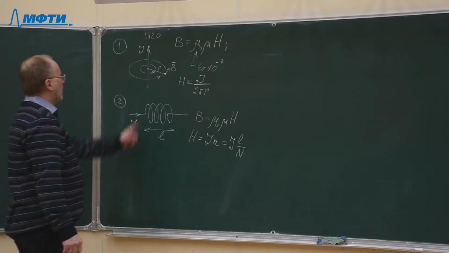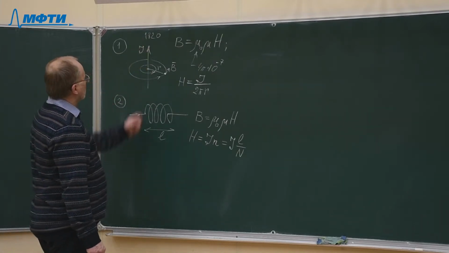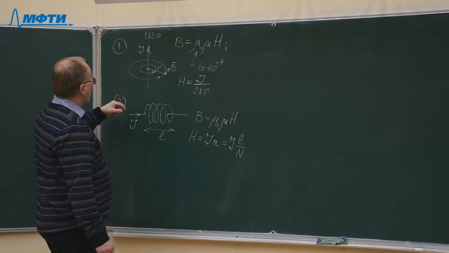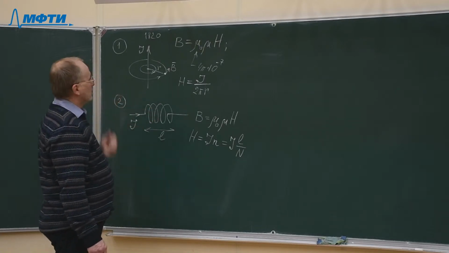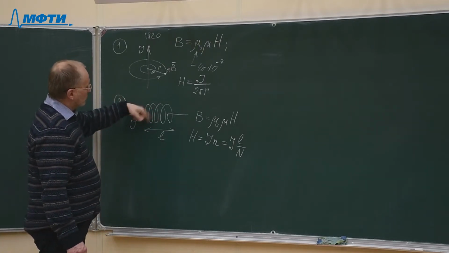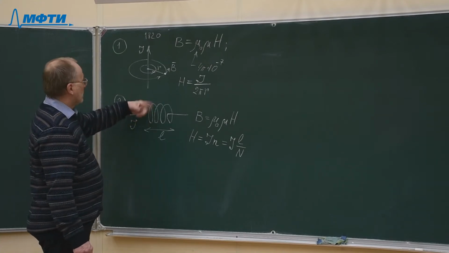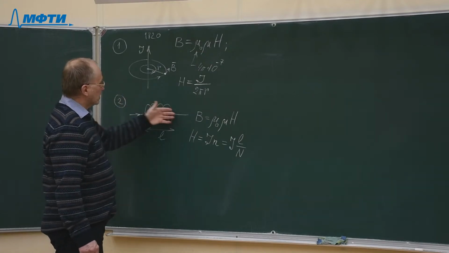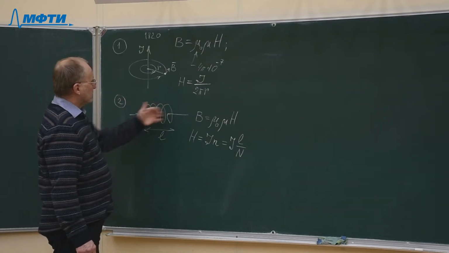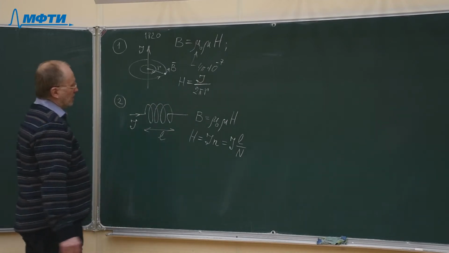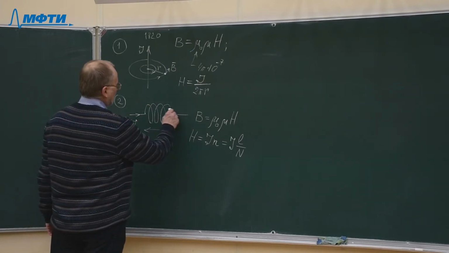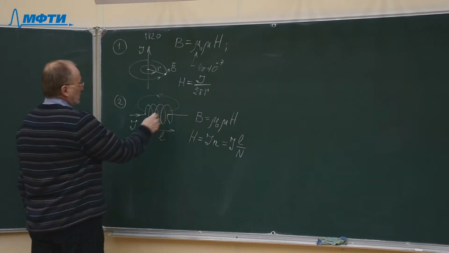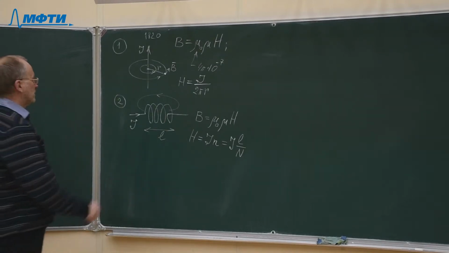So if you have a straight electrical current, it creates a circular magnetic field around it. If you have a circular current which flows along such a coil, then it creates a magnetic field which is uniform inside this solenoid, and which looks like the magnetic field of a bar magnet.